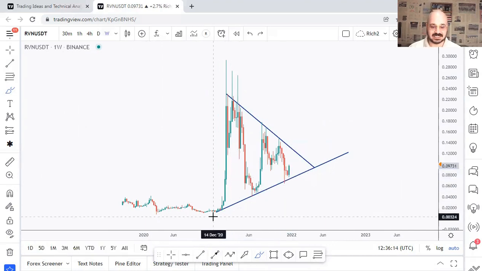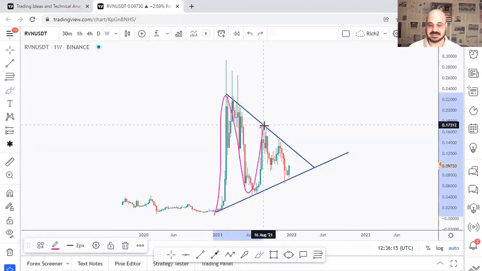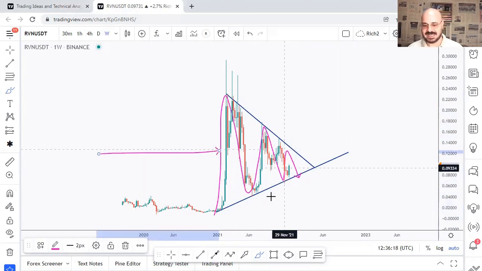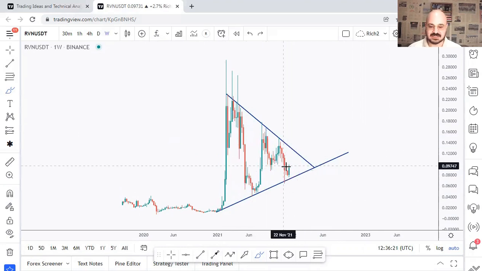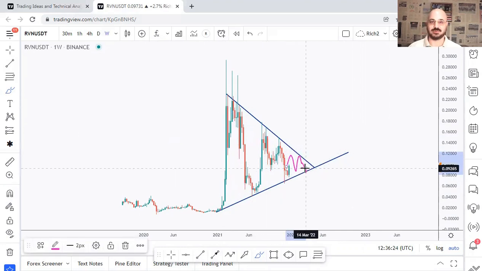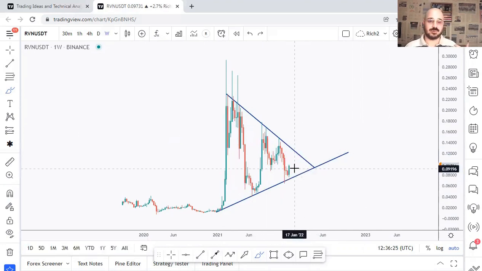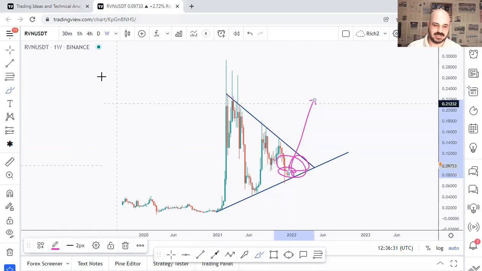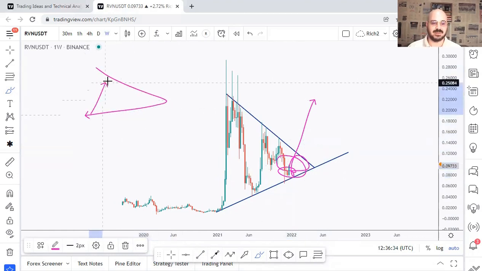But since it's a symmetric triangle, the more the price trades horizontal or flat in time, the smaller or narrower the range would become, which is very good, because we expect that sooner or later we would have a breakout, right? Usually a symmetric triangle would have a breakout either upward or downward.